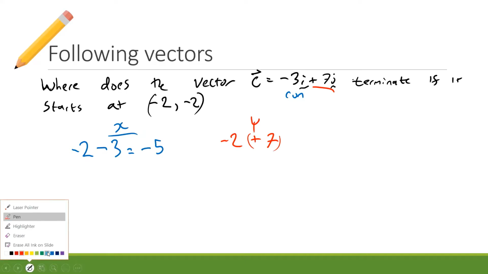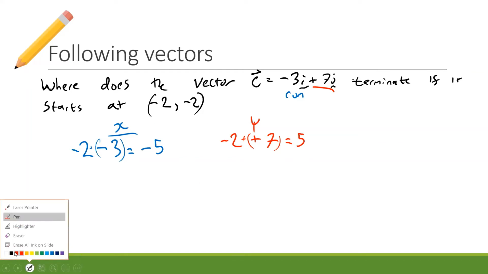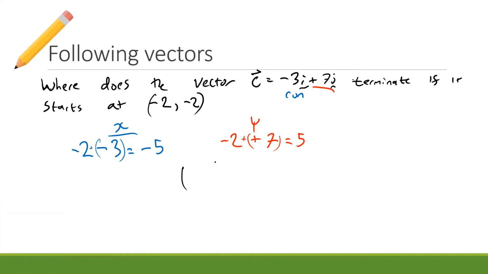That one was adding -3. So if I add 7 to this, -2 plus 7 happens to be 5. So where does this end up? After following this vector, we end up at -5, 5.